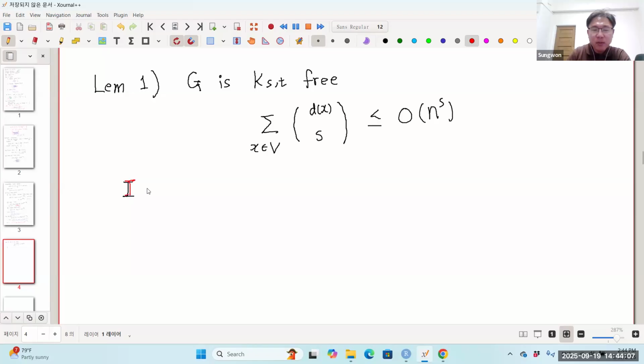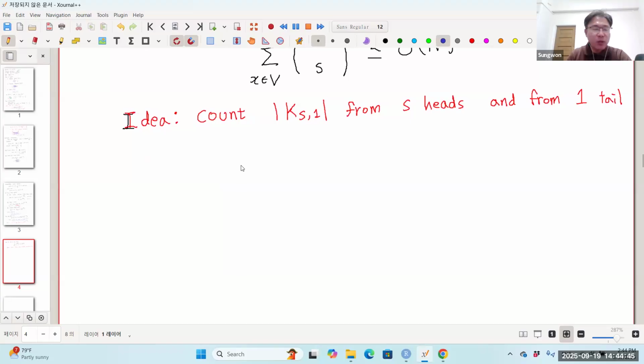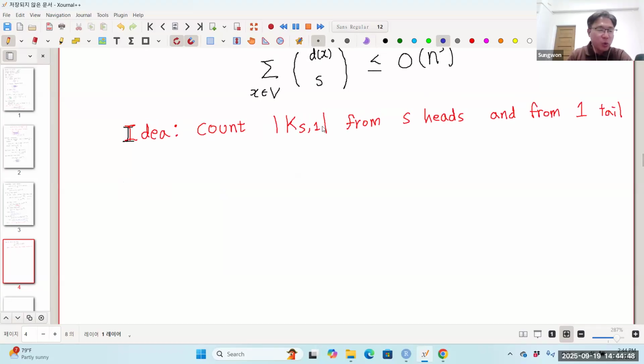This idea is you count the number of K_S,1 from the S head and from the one tail. So here is how we count the number of K_S,1.